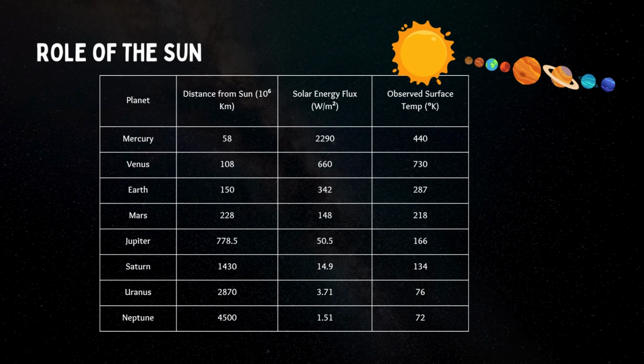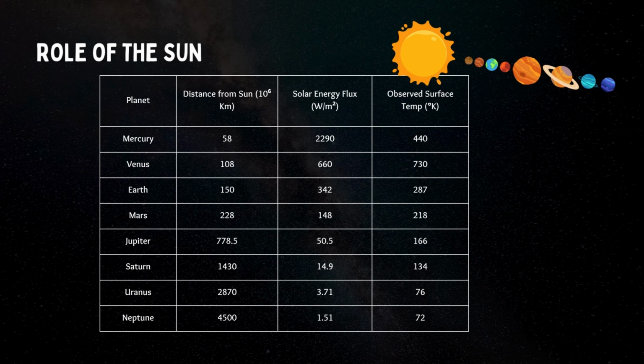As you would expect, things which are closer to the sun, or the source, are going to have more energy. So, no surprises that Mercury gets the maximum amount of solar energy flux, 2290 watts per meter square, right. So, that much energy per meter square.